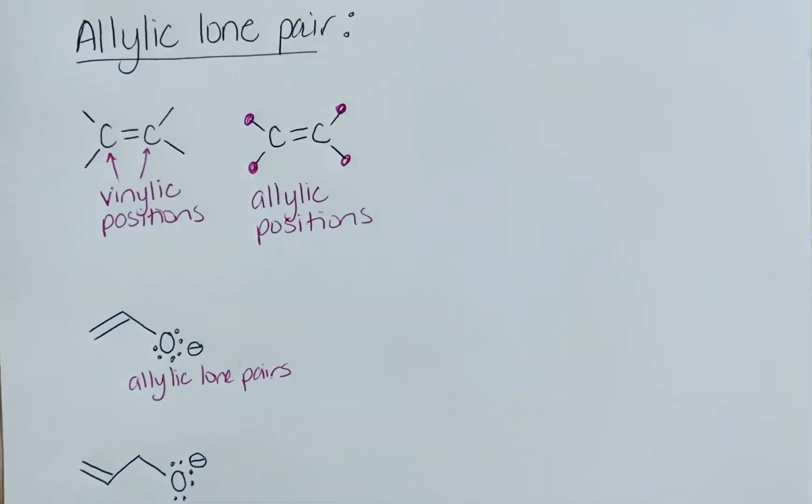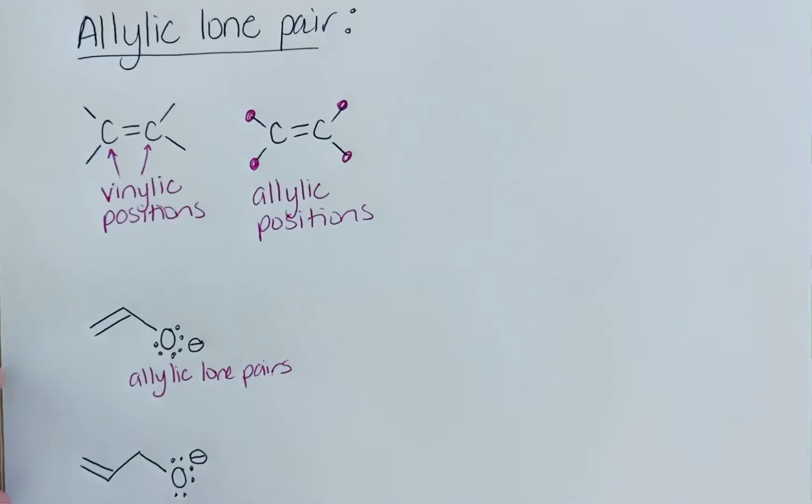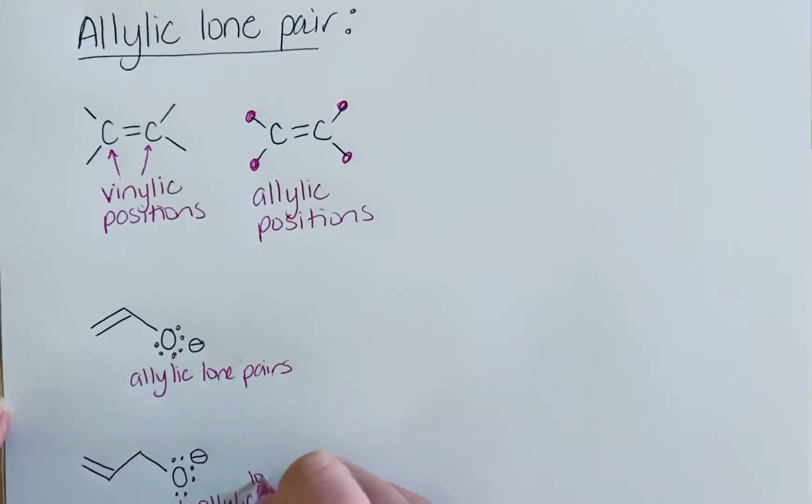The example shown below might look extremely similar, but the oxygen is separated from that vinylic position by an sp3 hybridized carbon. So these are not allylic lone pairs.